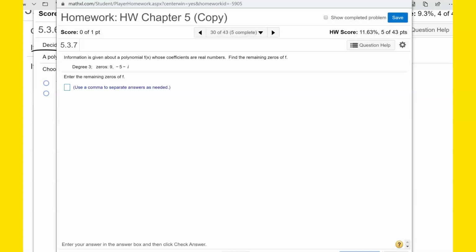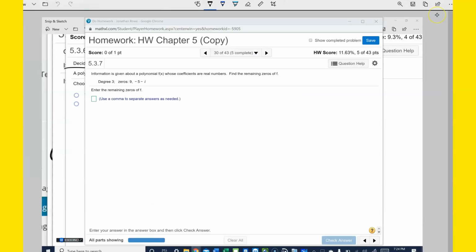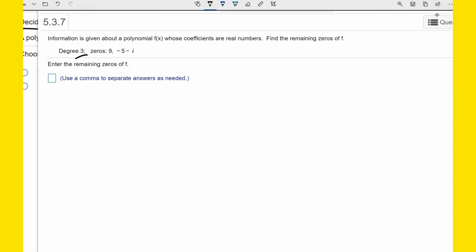All right, moving on. Number 30. Information is given about a polynomial whose coefficients are real numbers. Find the remaining zeros of f. This is a very simple one. The degree is 3. That means I have 3 total zeros. So one of my zeros is 9.